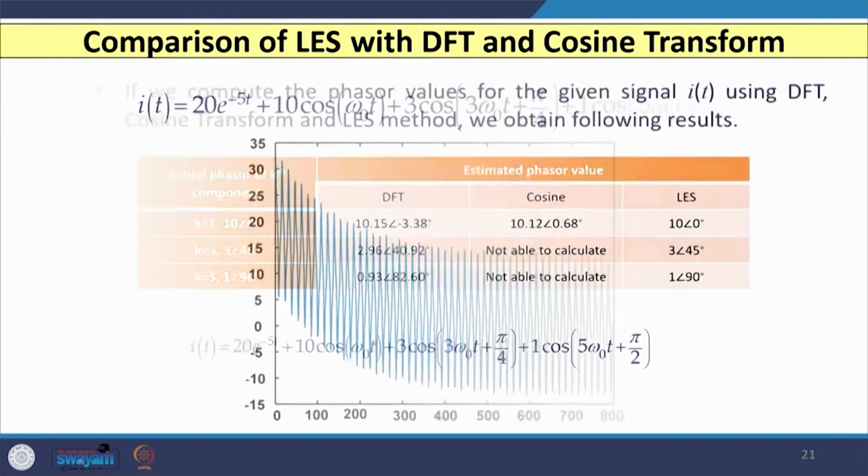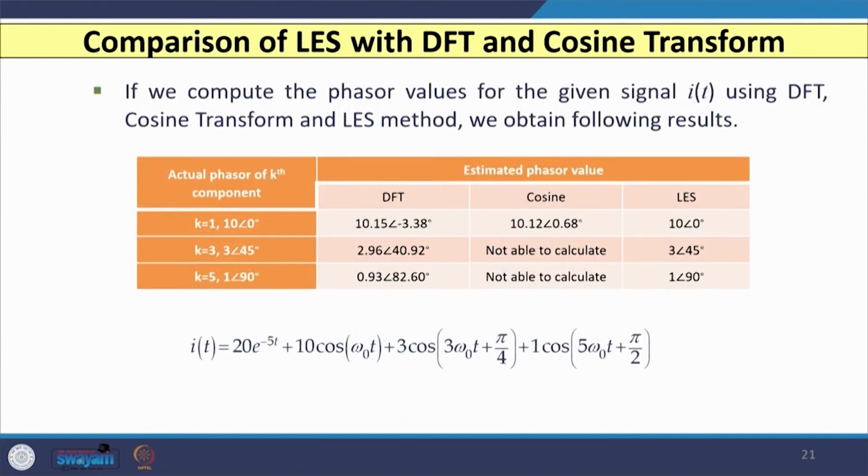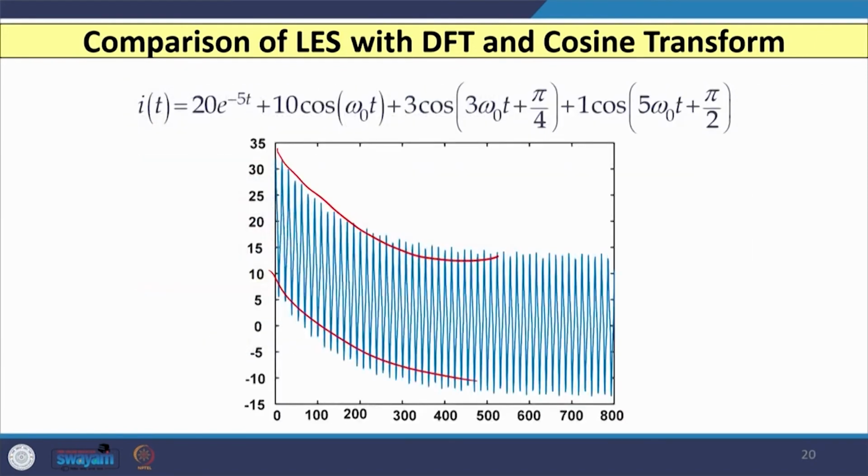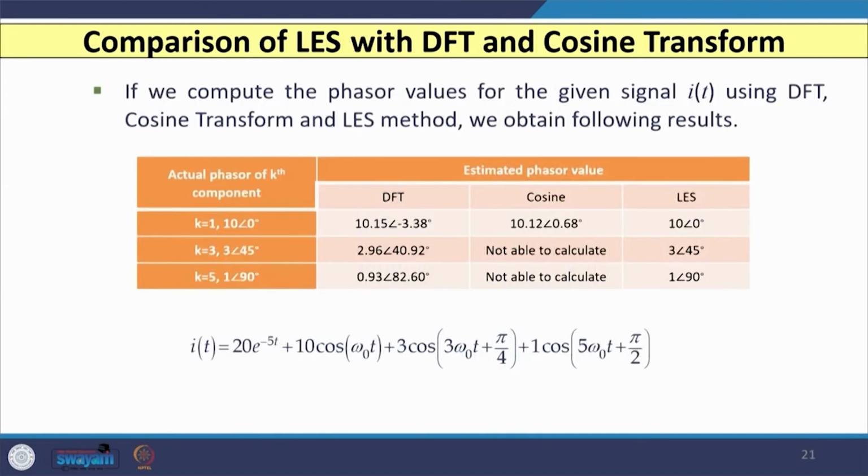So, if we calculate the phasor value of this equation using the LES, DFT algorithm and cosine algorithm, let us say we want to compare with the fundamental phasor. So, let us consider the value of k as 1.